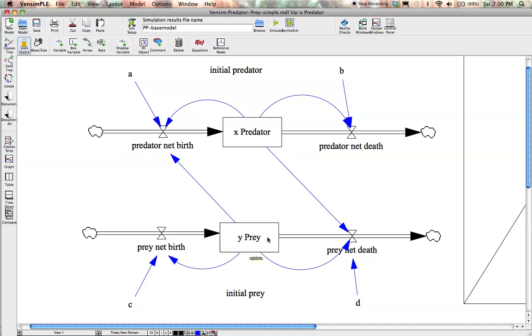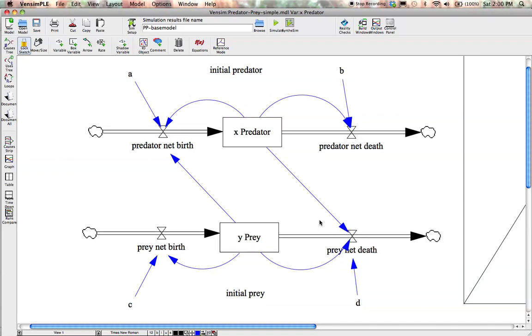If you look at the prey population, the prey population also has a net birth. It also has a net death, and the net birth is driven by a constant C and by the availability of the prey, and the death of the prey is driven by a coefficient D and also by the availability of prey.